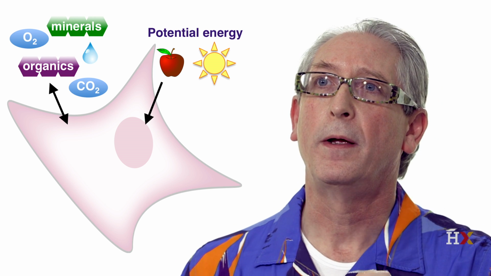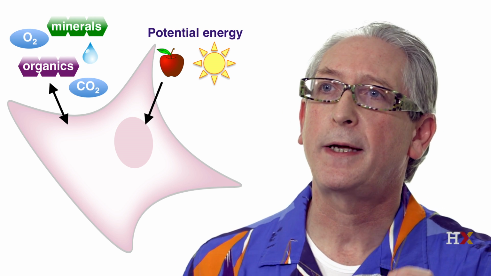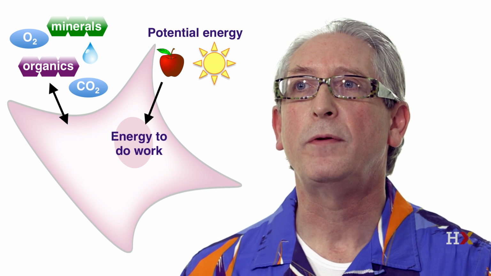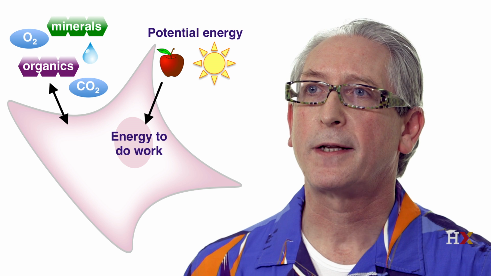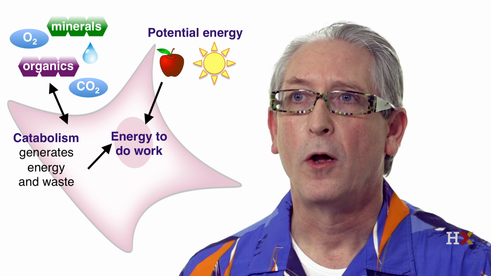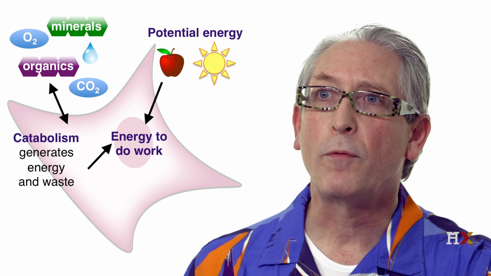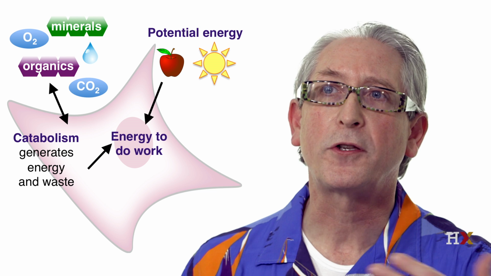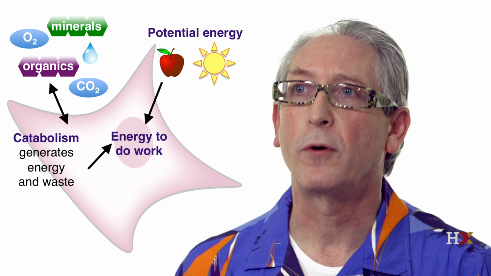For example, the potential energy contained in food is extracted and converted into energy used by cells to do work through a process called catabolism. Work being, for example, movement during muscle contraction, or the establishment of osmotic, chemical, or electrical gradients.